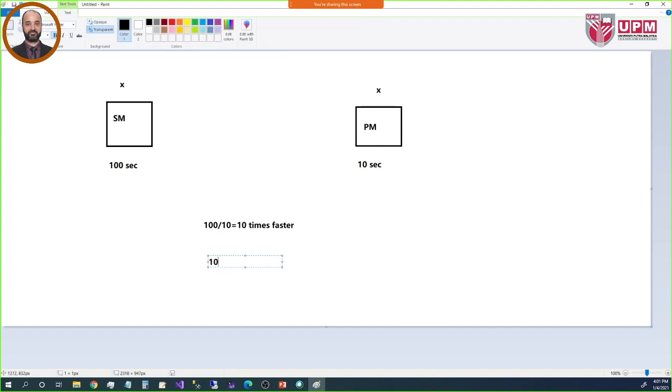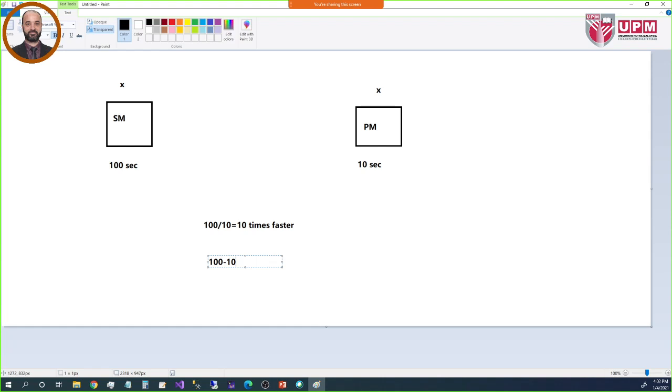So we can say 100 minus how much time we saved here. Yes, it's 10 times faster, but how much time did we save? We saved 100 minus 10, which is 90 seconds. What is the percentage of the total time?